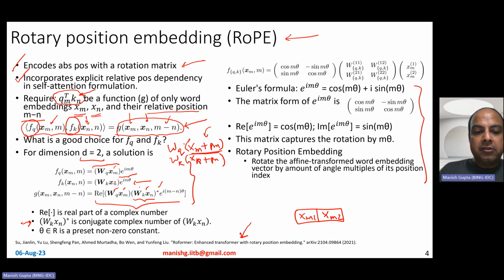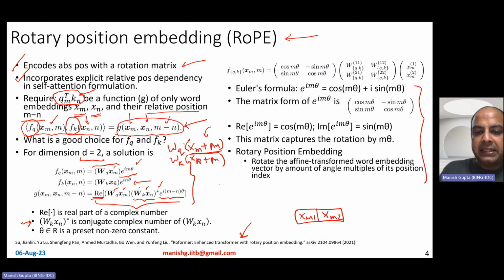And then you have your e^(i m theta) terms, which get combined like that. Now RE here stands for the real part of the complex number. After all, when you compute the similarity, you only care about the real part of it, so you just take the real part of that thing. That's how they have defined it for d equal to 2.